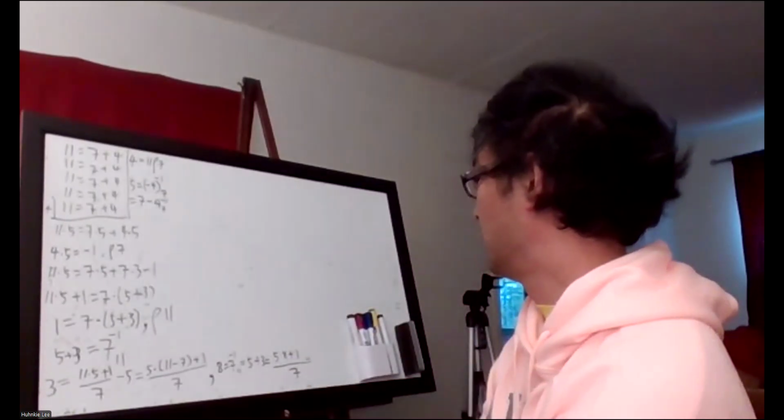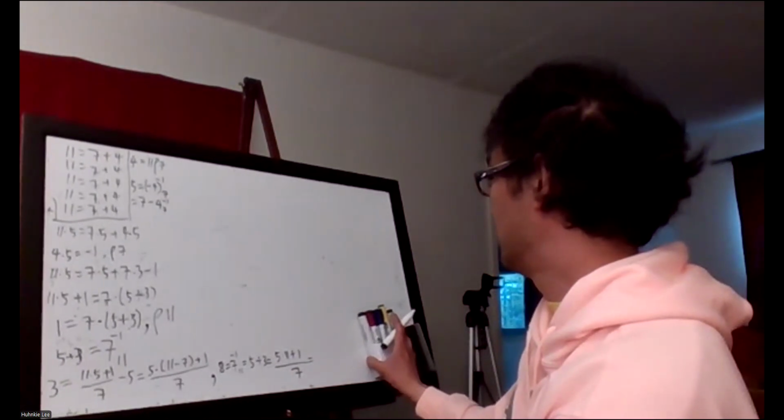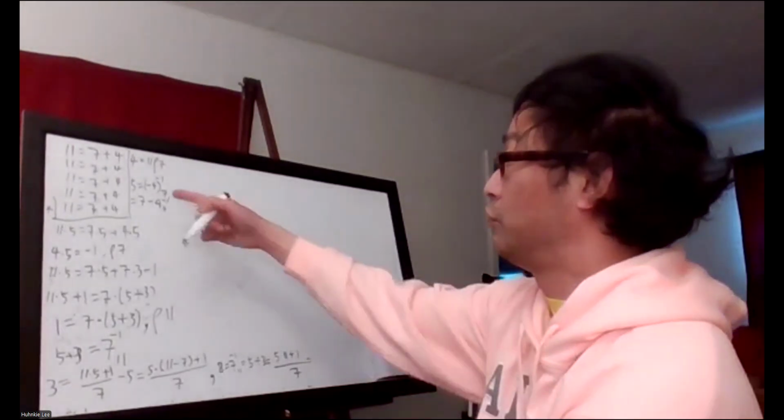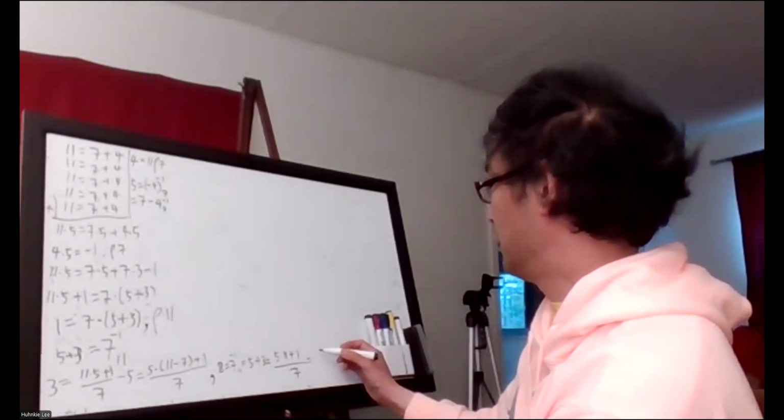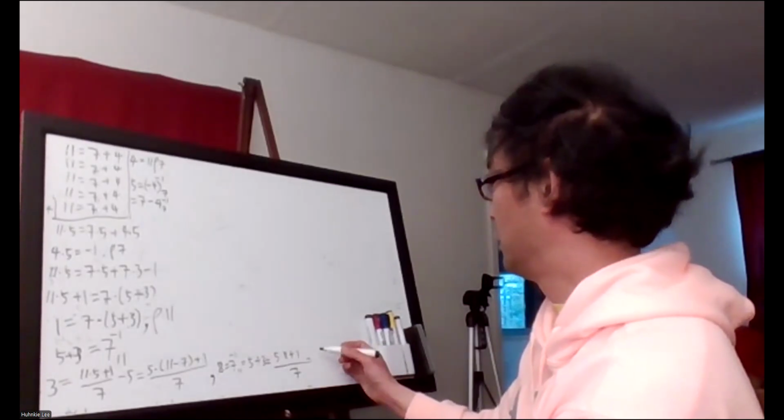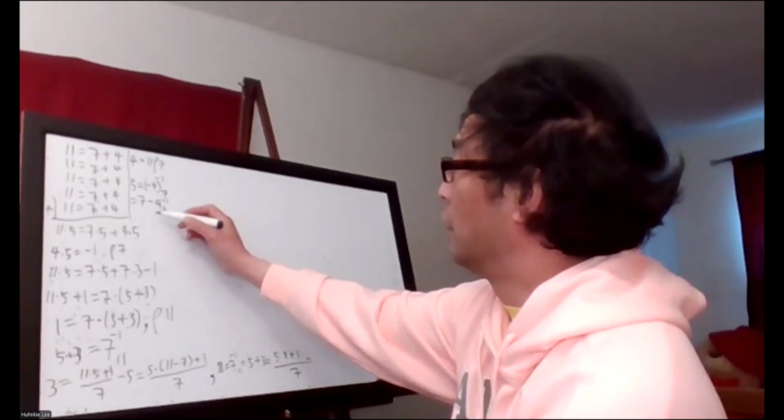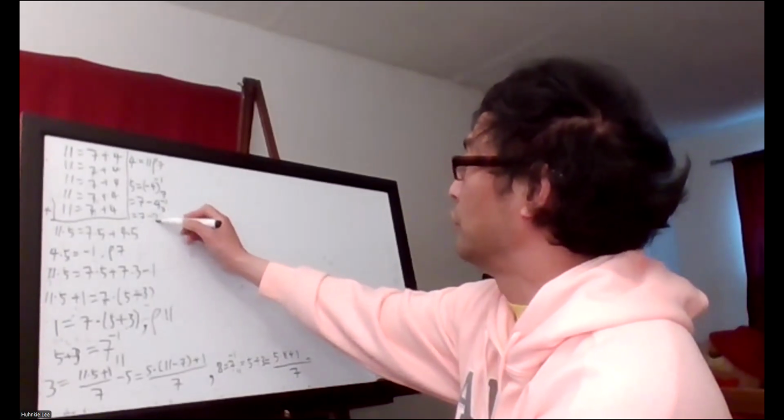Okay, so yeah, just 2. Okay, yeah, so which is 7 minus 2.